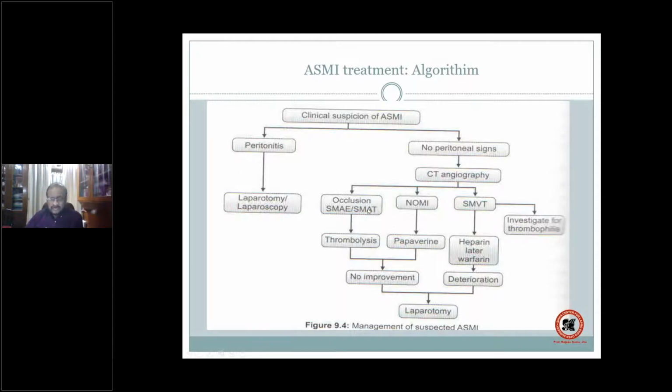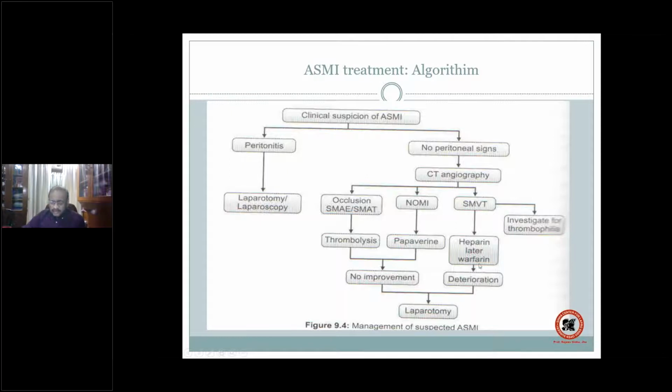Either you can go in for thrombolysis, if you have embolization or thrombosis, or you can go in for papaverine therapy, because in these cases it is usually a spasm or a non-occlusive interruption. If there is a venous thrombosis, again here you have to go in for anticoagulant therapy, starting with heparin and later warfarin.